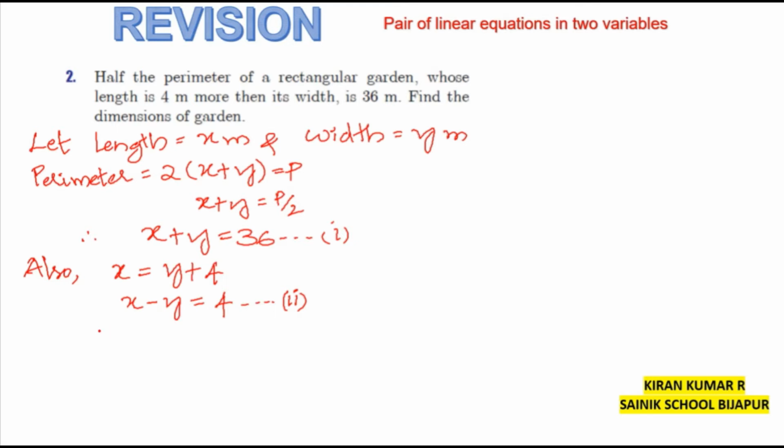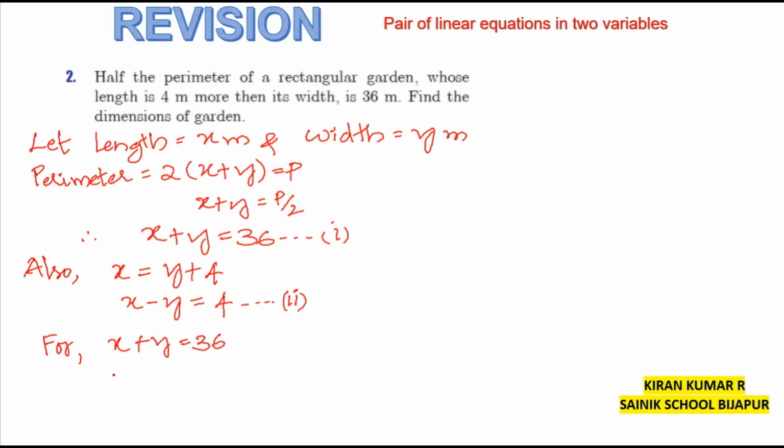Since the previous question was related to graph, I would like to solve by the graphical method. For that, I have to consider both the equations and find the x and y coordinates. First equation is x plus y equal to 36.